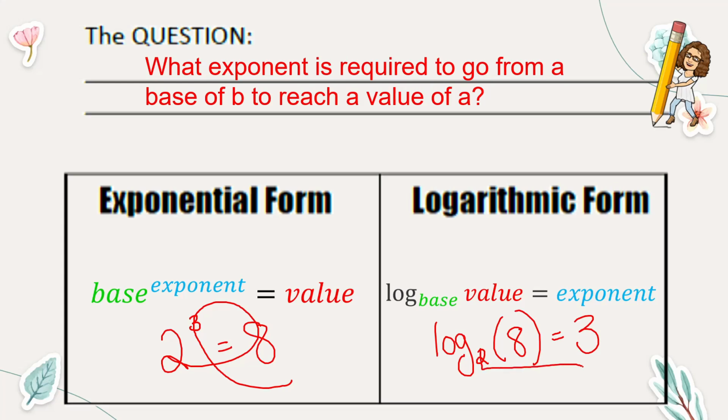So you can go like this, kind of like a sideways G if you look at that. You could also kind of do the E with that one as well. But you have to be very careful how you draw the E. What this allows us to do is go between the two things. And if you need to get to an exponent of an exponential, you can go to a logarithmic.